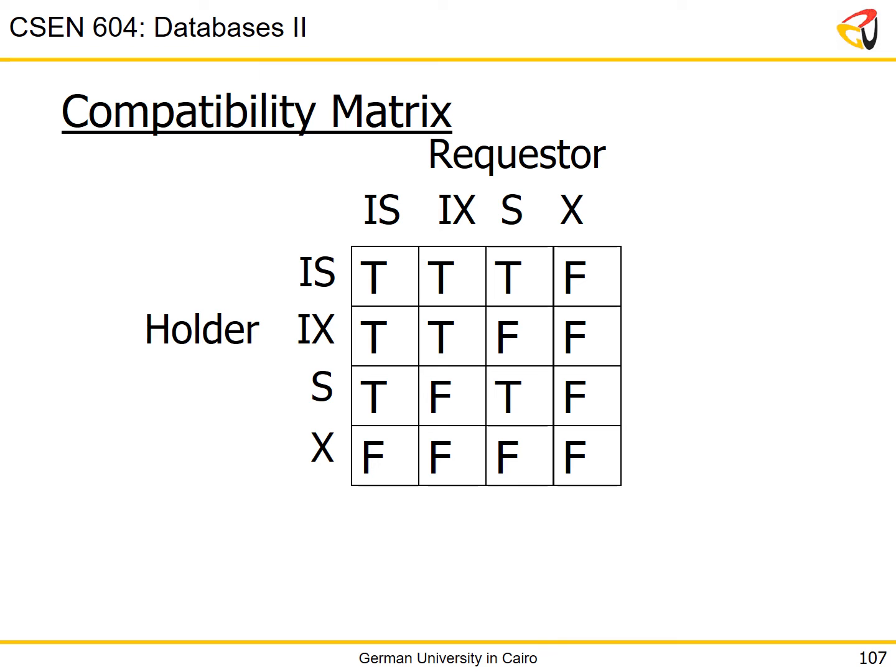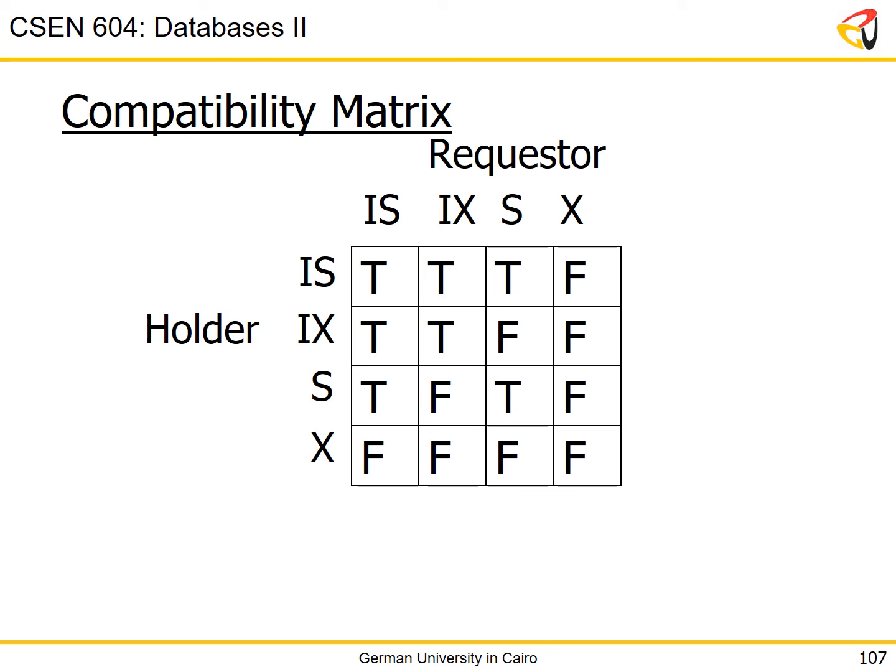Now the second row, if the current holder of the specific node we're looking at has an intention exclusive, anyone that goes in with intention to share will be allowed, because this might request a shared lock on a different part of the tree than the holder, which will request an exclusive lock later on.